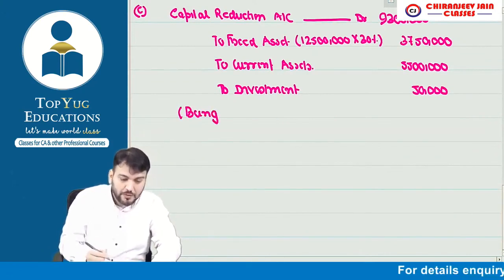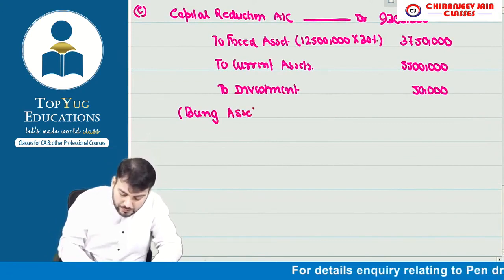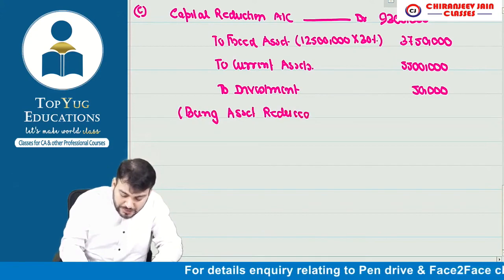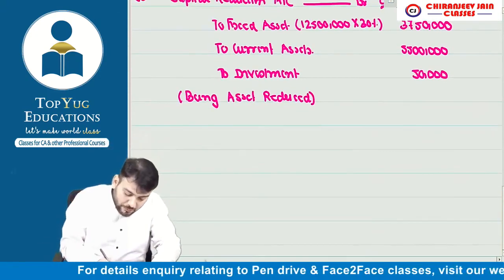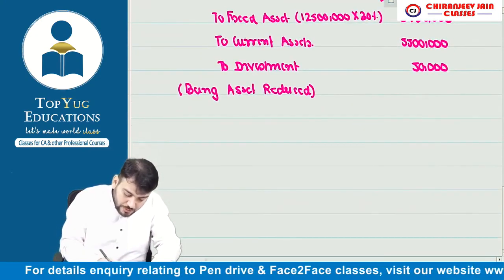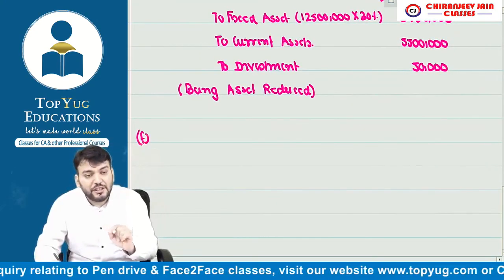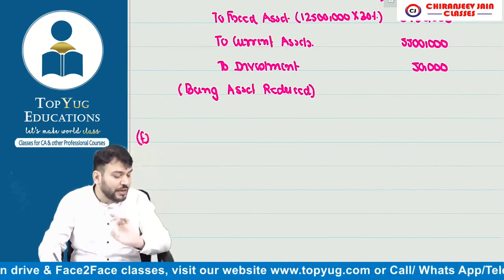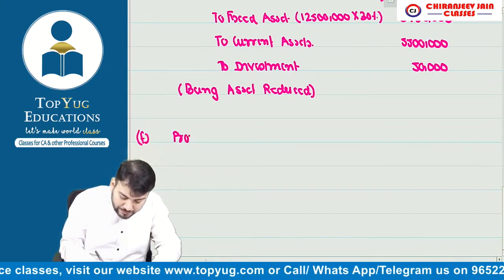Being assets reduced. Correct. Then we have one transaction for settlement of income tax liability. You can see in the balance sheet they have given provision for tax.